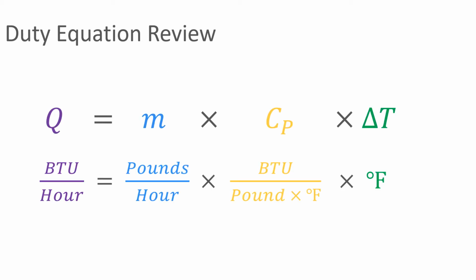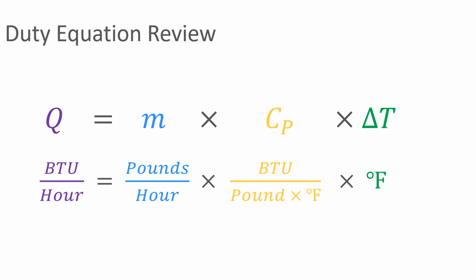Okay, we're going to put it in color and we're going to talk about the units here. So Q is a rate. That's the heat transfer rate, and it's typically in BTUs per hour, or as I said earlier, millions of BTUs per hour, just for the comfort of the numbers.